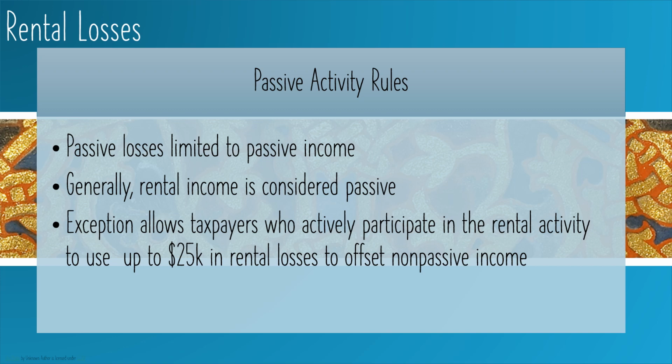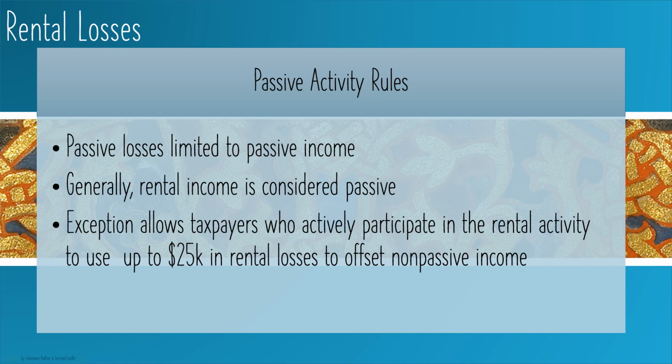And then it's not uncommon for rentals to generate a loss for the taxpayer. So there's some rules around whether or not the taxpayer can take that loss, or will it be limited. There's an at-risk rule, so the taxpayer needs to be at risk of losing their investment if something were to go wrong, in order for them to be able to claim any of these losses.